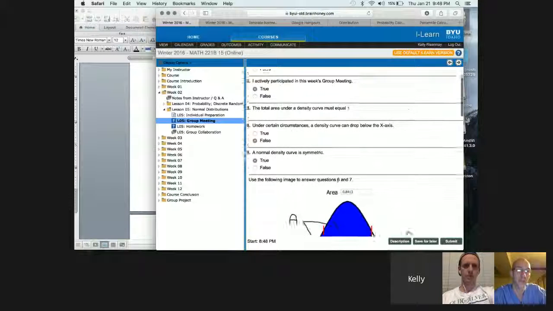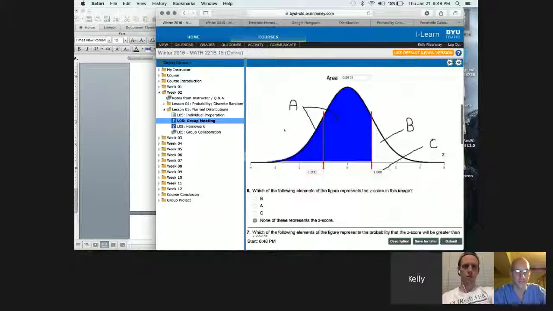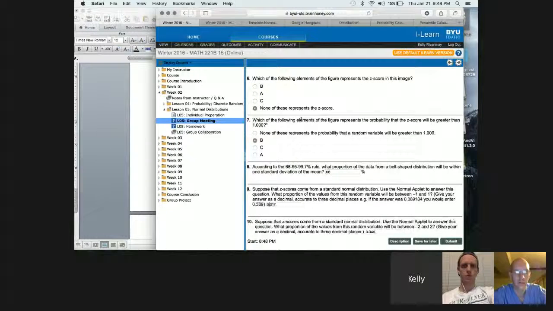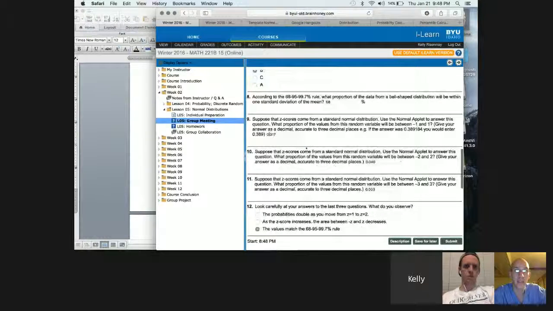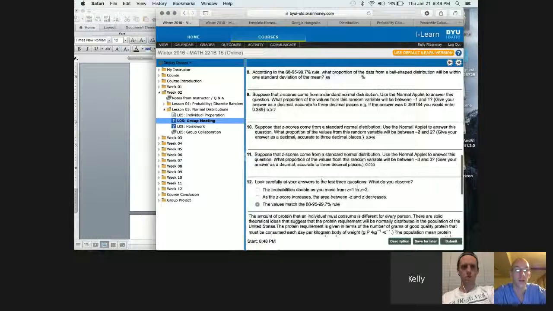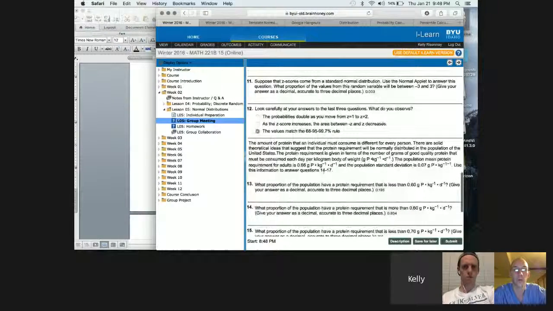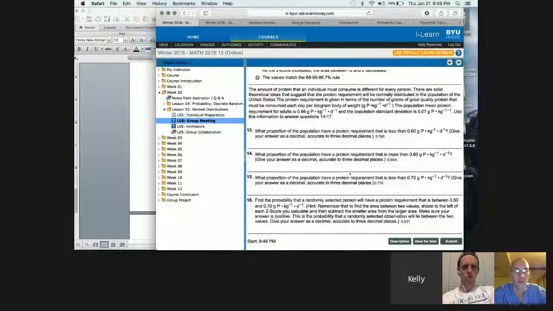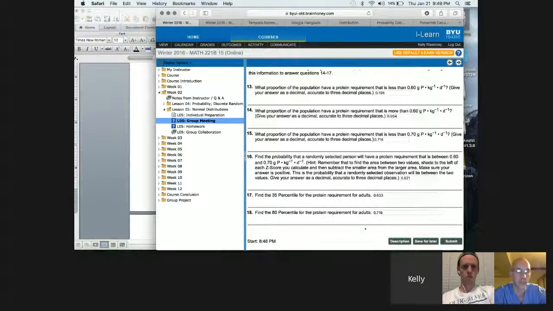Well, obviously the first two are true, and then 3 is 1. 4 is false. 5 is true. 6 is none of the above. 7 is B. 8 is 68%. 9 is 0.317. 10 0.046. 11 0.003. 12 is the third one, which is 68, 95, 97.7. 13 is 0.196, 14 0.804, 15 0.716, 16 0.521, 17 0.633, and 18 0.719.